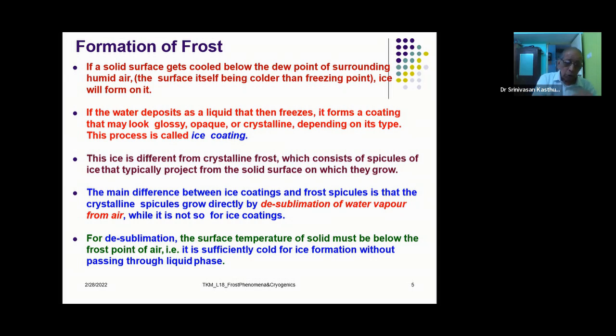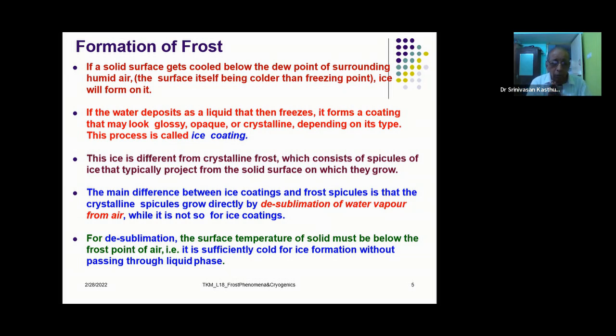It goes directly to the solid state, that is, from the gaseous state it directly goes to the solid state. That you call desublimation. So the frost spicules are formed by desublimation, whereas normal ice coatings are formed by water vapor becoming liquid and then getting coated on the surface, which then becomes solid.